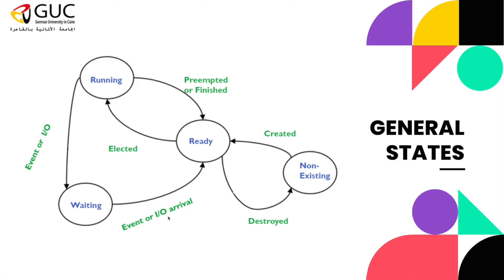However, the printer became available. This I/O device became available. Therefore, task X will move from the waiting state to the ready state. Once it is in the ready state, the scheduler will see that task X has a higher priority than the running task, which is task Y. So it will kick task Y from the running state and it will move back to the ready state, and then task X will be chosen again to run, and it will move to the running state and it will use the printer or the I/O device it was waiting for and will continue executing.